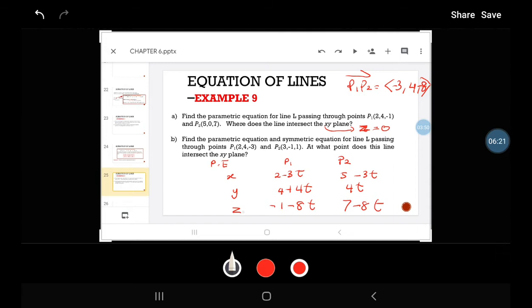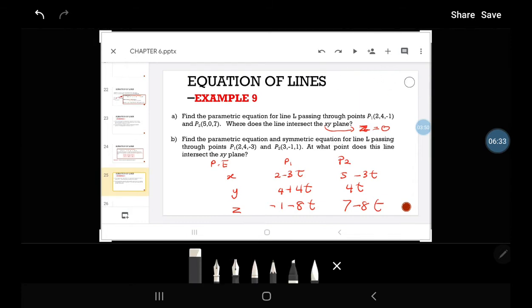So now we look at z here. What is the value that makes z 0?